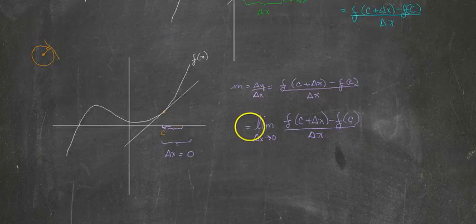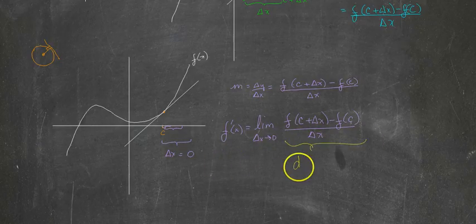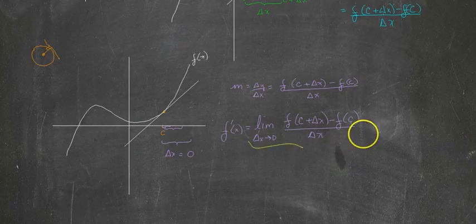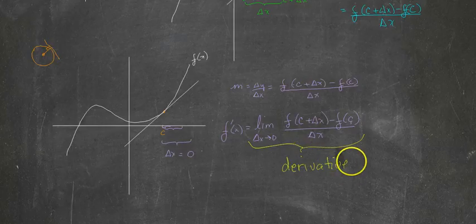Also, the slope of that tangent line is something that we call the derivative, and we write it f prime. So this is the derivative of the function.